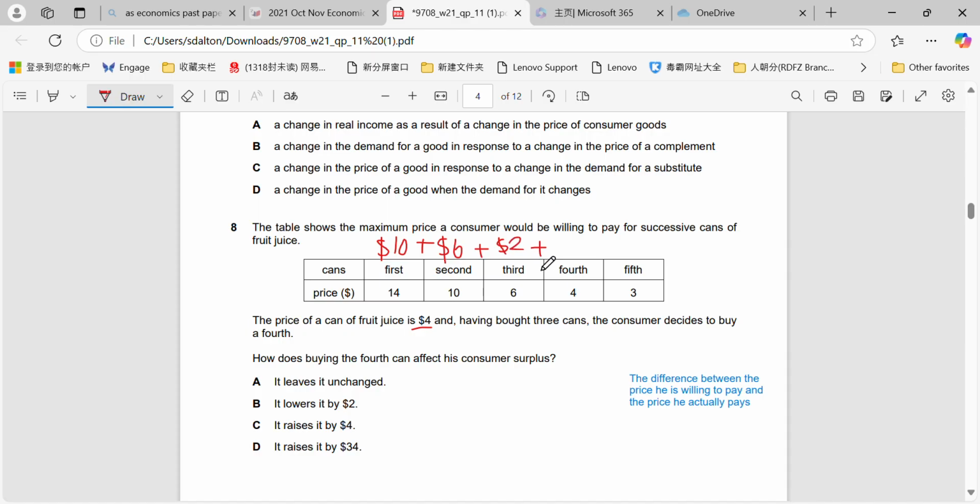And when he purchases the fourth one, he doesn't get any consumer surplus, because that's the maximum he's willing to pay for the fourth can. So it will leave his consumer surplus unchanged. His consumer surplus will stay at $18 in total when he buys the fourth one. In fact, his surplus will decrease if he buys the fifth one, because it will go down by $1.